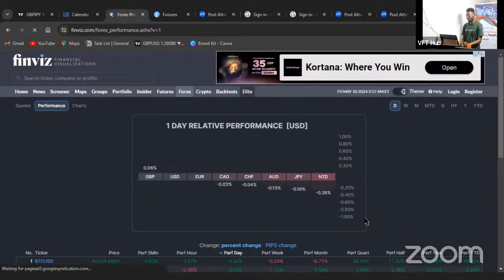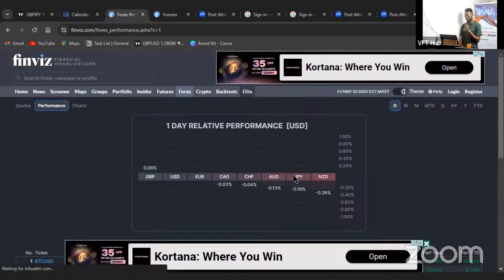So we have NZD, JPY, and AUD now looking more like there is kind of risk off in the market right now, because we are seeing AUD, NZD towards the back end, but the only thing here too that is giving some level of concern is the Japanese yen that is also at the back here, but we have the USD somewhere in the front here too.